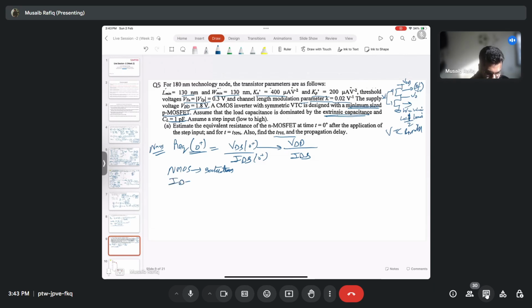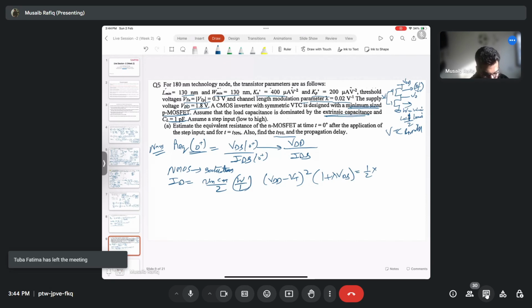So I can write ID equal to mu n Cox divided by 2, W by L, times VDD minus VTN squared, times 1 plus lambda VDS, which is the channel length modulation part. This is equal to half of mu n Cox, given to be 400, and then W by L, and VDD minus VTN is 1.8 minus 0.3, squared, times 1 plus lambda, 0.02, times VDS, 1.8.